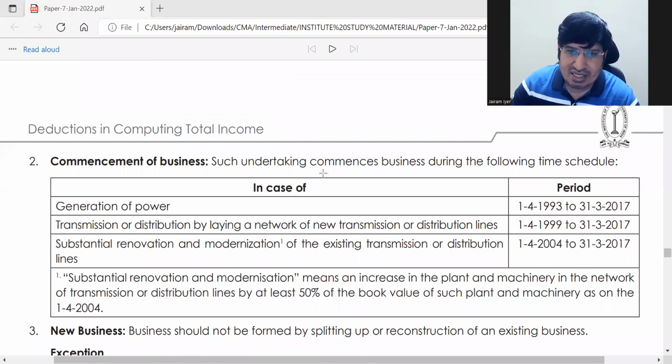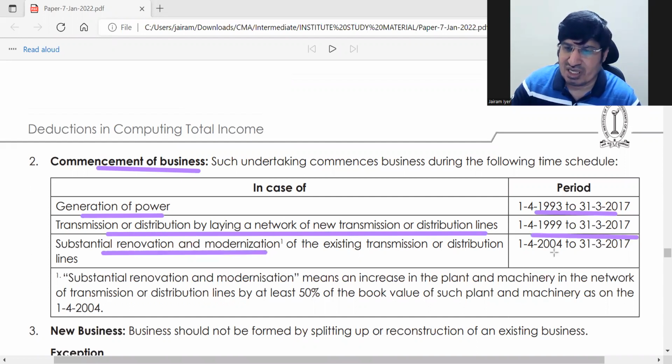And see, there are again dates. Commencement of business, for generation of power, this is the range. Transmission or distribution, by laying new transmission or distribution lines. Okay. This is this, and substantial renovation and modernization. That is this range. And what is substantial renovation and modernization?